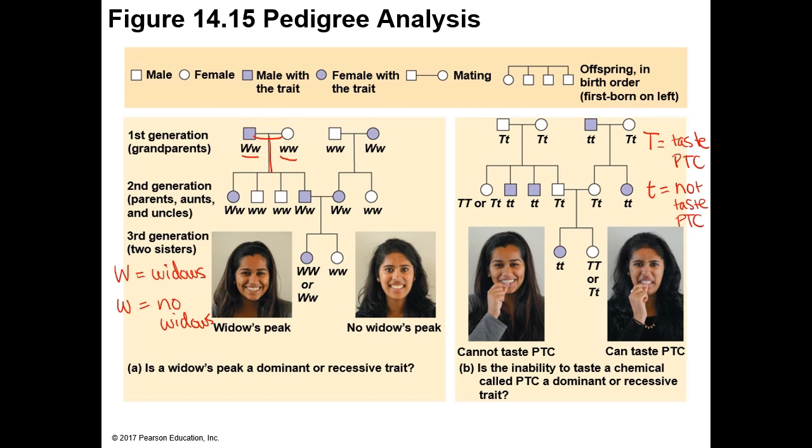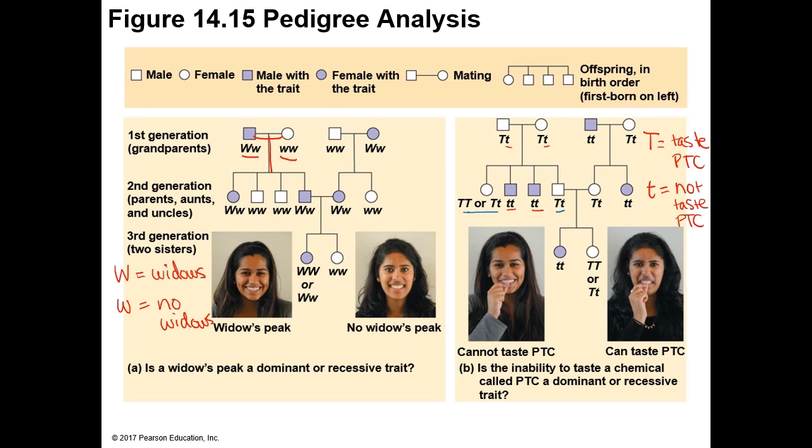Because they're heterozygous, they still carry that recessive allele. So 2 of the individuals are not able to taste PTC, but the other 2 individuals are, because they have at least one dominant allele.